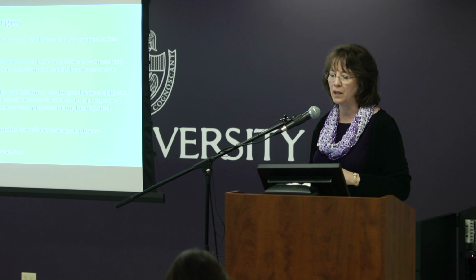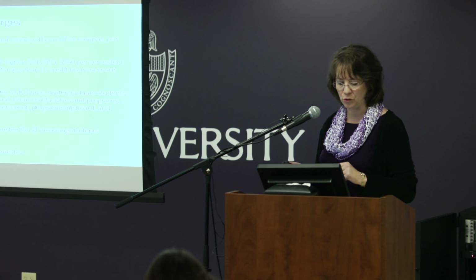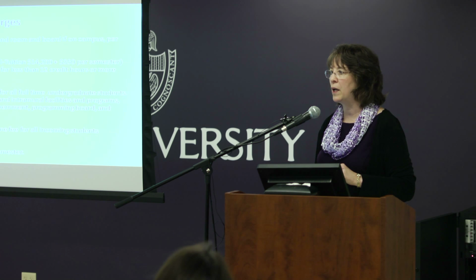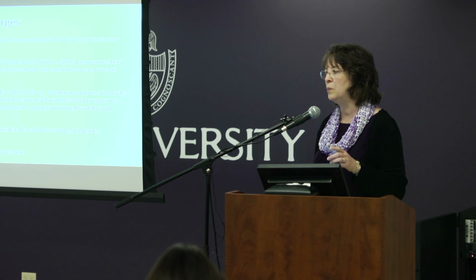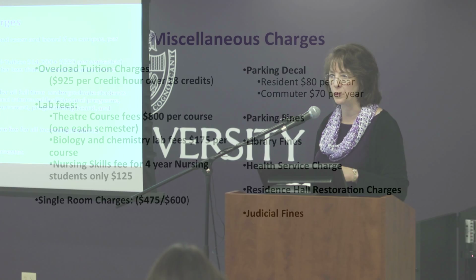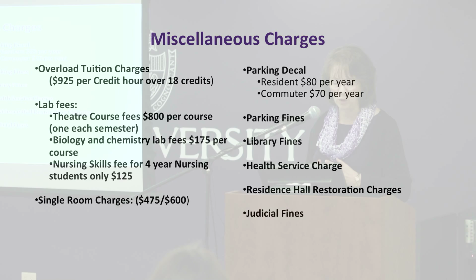That's the first time that they are registered full-time, and everyone pays that the first semester. The double room rate is $59.75, and that's for room and board, which is their meals. The miscellaneous charges you may see would be overload, and that's again if they're over 18 credit hours. There are lab fees for theater course fees, which is $800 per course.